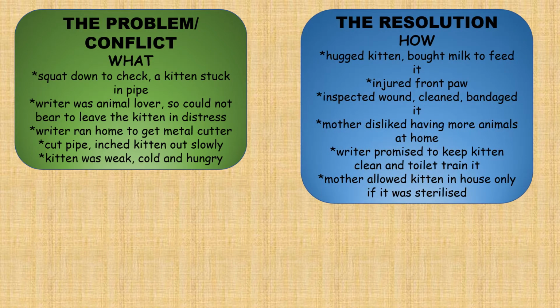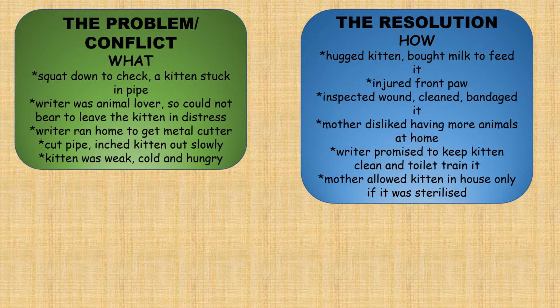So what is the solution to the problem? Well, the writer hugged the kitten, bought milk from somewhere to feed the kitten, and as he looked closely, the front paw of the kitten was injured. And so he inspected the wound, cleaned it, and bandaged it.